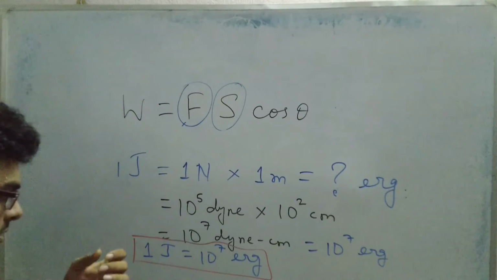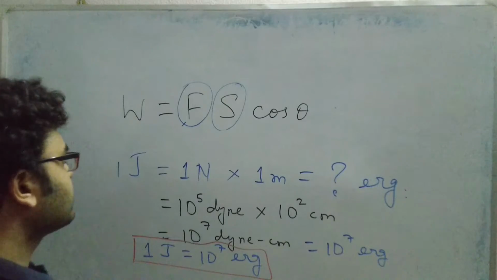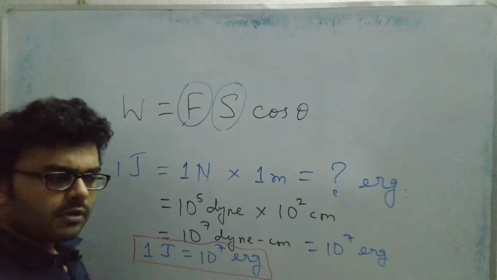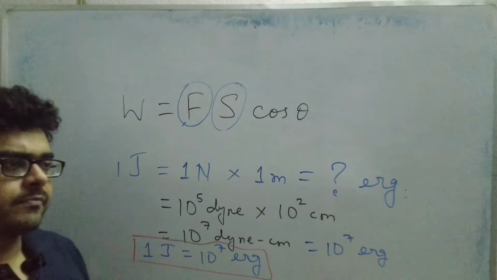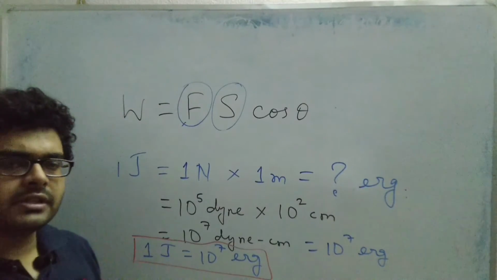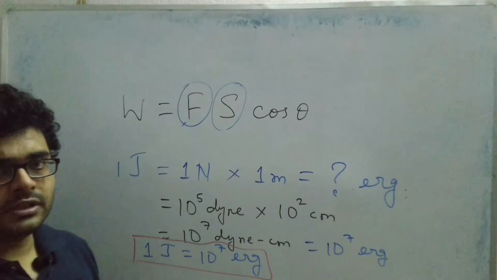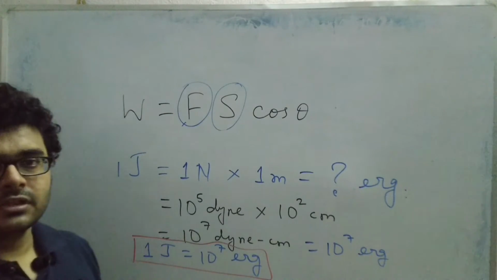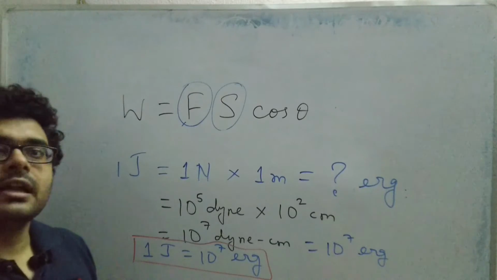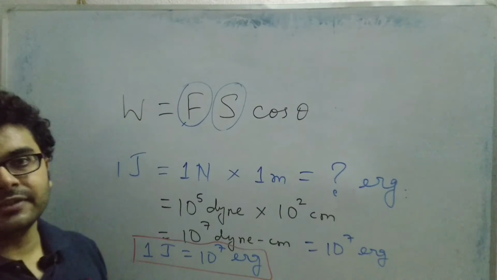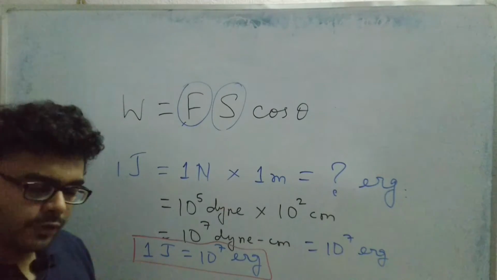Now let us move on. We have discussed the various units of work. Now I think everybody of you must be knowing that there are some other units of force also that we often use, and those units are called the gravitational units of force. The gravitational units of force are kgf and gf, as you may be knowing.